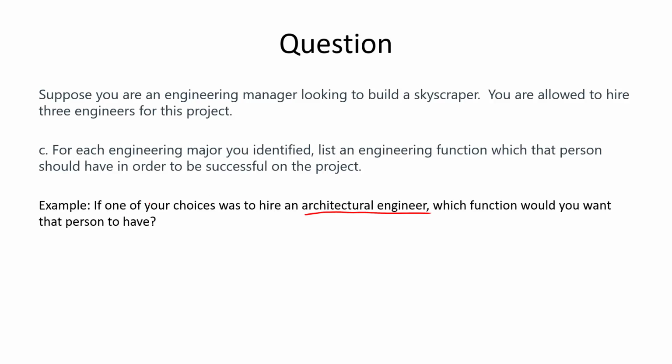For example, we might want the architectural engineer to have the design function. Or maybe you want them to have the construction manufacturing function. Again, you can choose whatever makes sense in your mind as long as you are able to explain it and the explanation is valid for building a skyscraper.